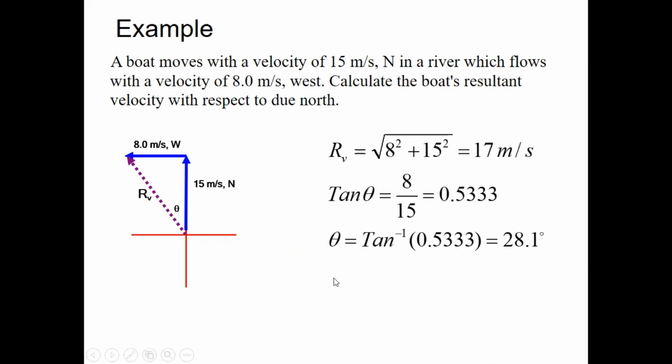So first of all, we find the magnitude of this resultant vector. It is, again using the Pythagoras theorem, the square root of 8 squared plus 15 squared, and the answer is 17 meters per second. Please verify this yourself and go through this again and satisfy yourself for this triangle.